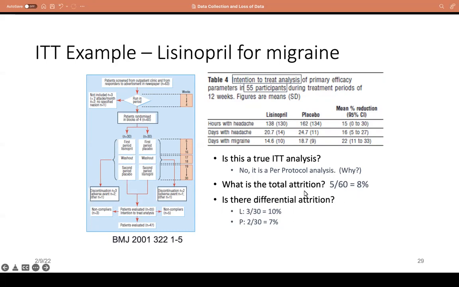Well, we know that it started with 60 and now there's 55, so it's 8%. Was it different between the two groups? No, not really. There were 3 in one arm and 2 in the other arm. So not majorly different. But even though they call it intention to treat analysis, it's actually per protocol analysis.